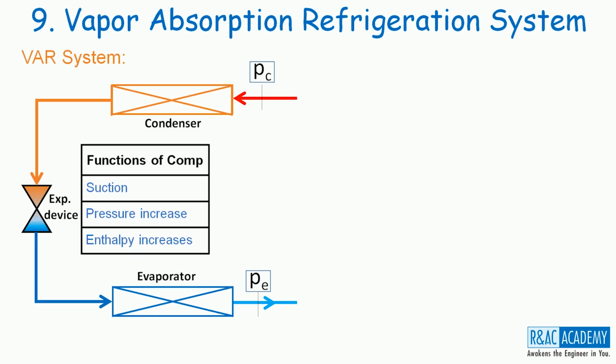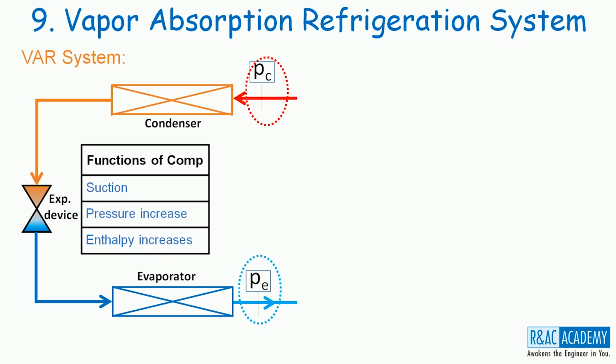So, in total, we have the following tasks to perform here. The first one: we will be getting refrigerant vapor at pressure PE from the evaporator, and we need something to receive it. Second, we need to supply refrigerant vapor at pressure PC to the condenser.